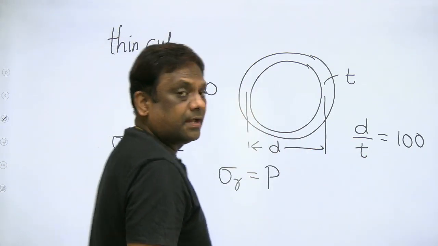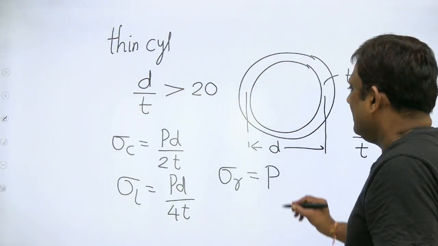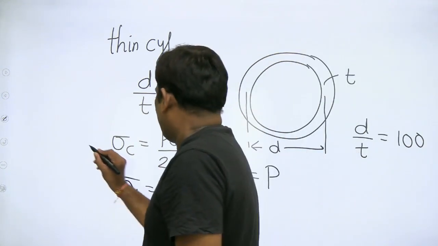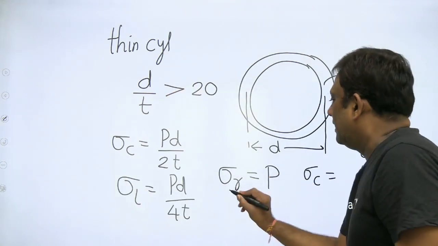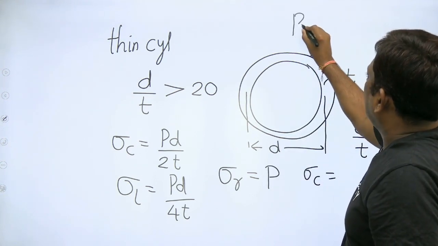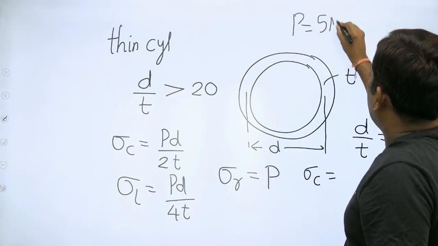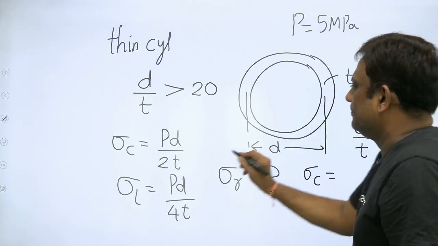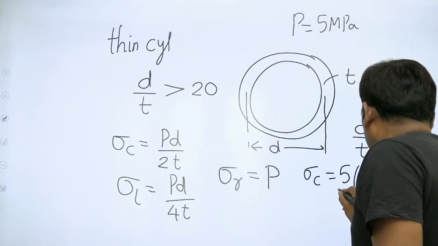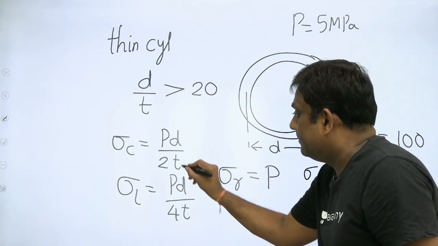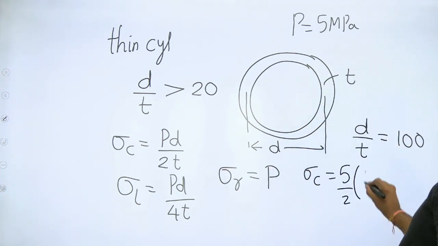Now have a look at this, my dear friends. Let us calculate the circumferential stress. Let it be subjected to an internal pressure of 5 megapascal. Let us take an example. So P is 5 megapascal by 2, D by T. What is D by T? 100.